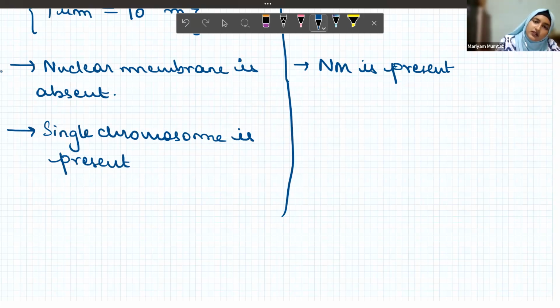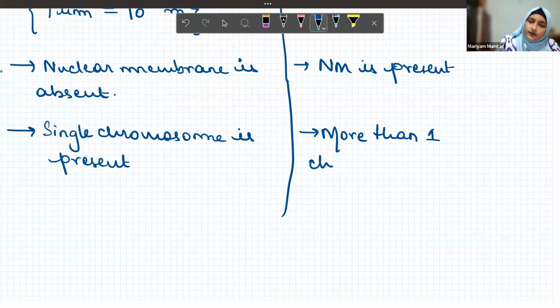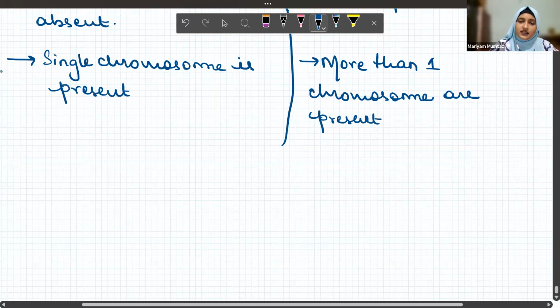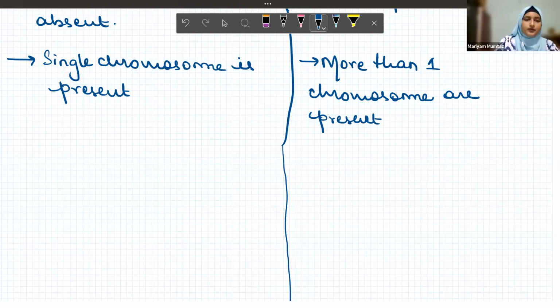And when we talk about the eukaryotic cell, more than one chromosome is present. So this is the third difference between them: the prokaryotic cell has just one chromosome and the eukaryotic cell has more than one chromosome.